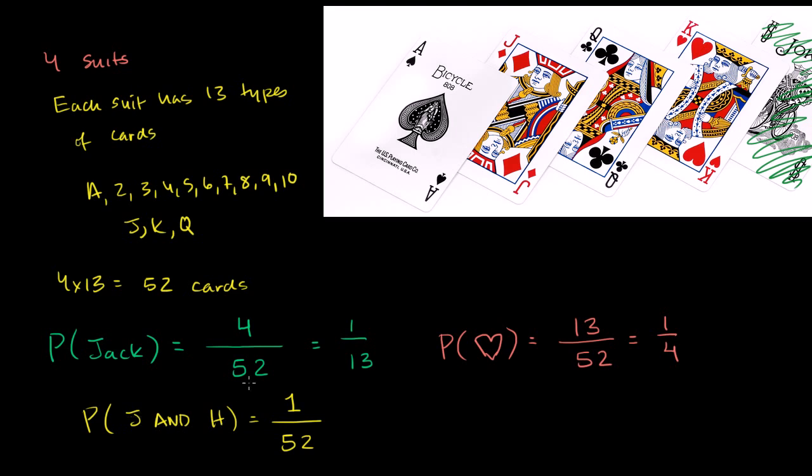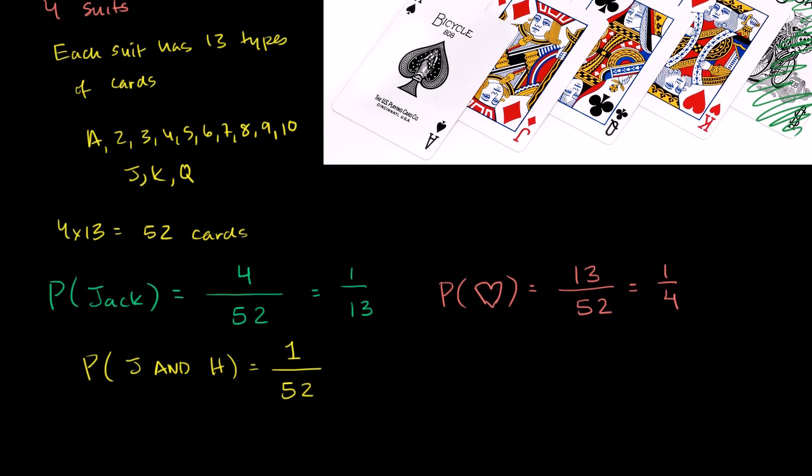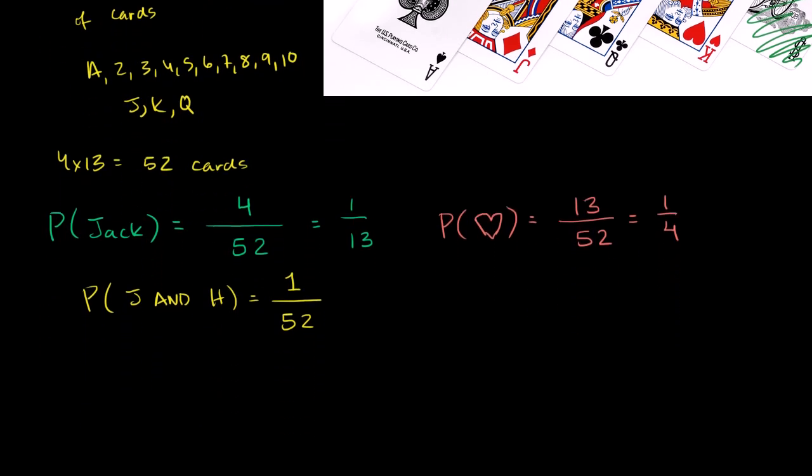Now let's do something a little bit more interesting. You might want to pause this and think about it before I give you the answer. Once again, I have a deck of 52 cards. I shuffle it and randomly pick a card. What is the probability that the card I pick is a jack or a heart?